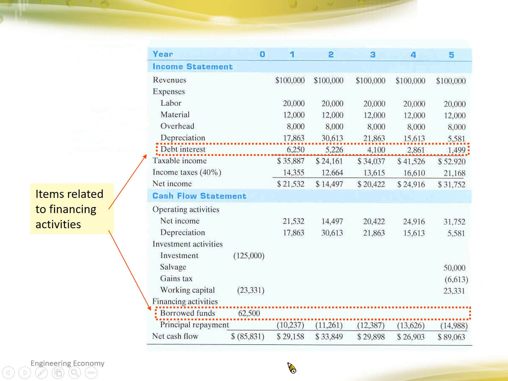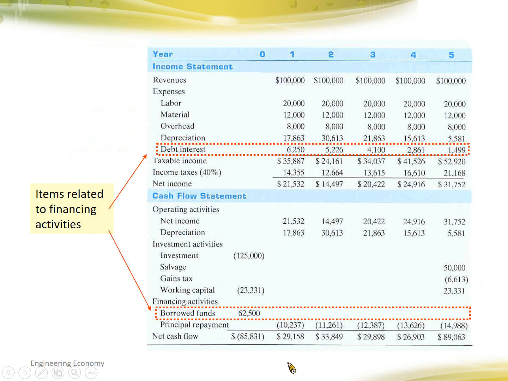So again, from the original analysis, now we gradually add more and more elements, right? We have depreciation, we have salvage value, right?